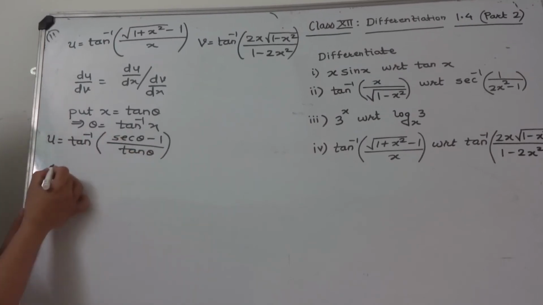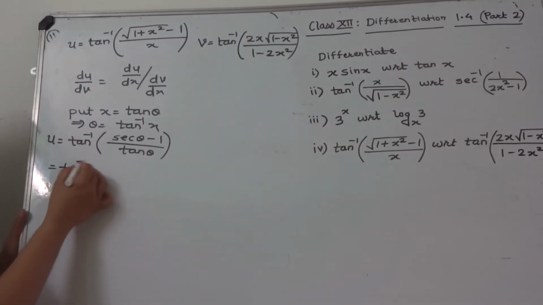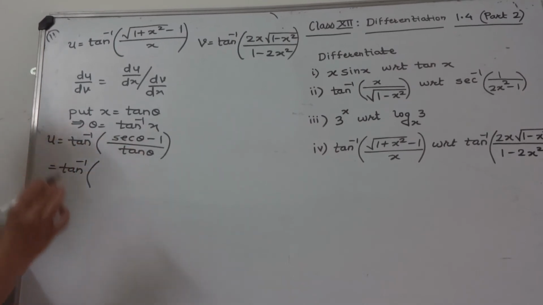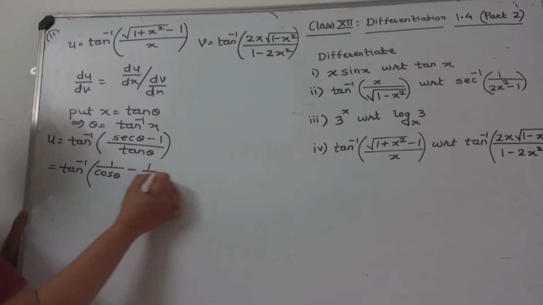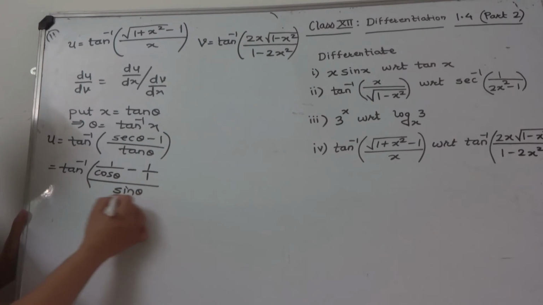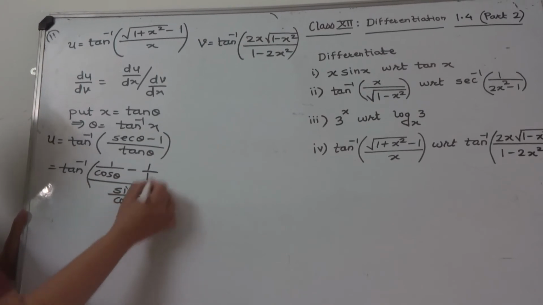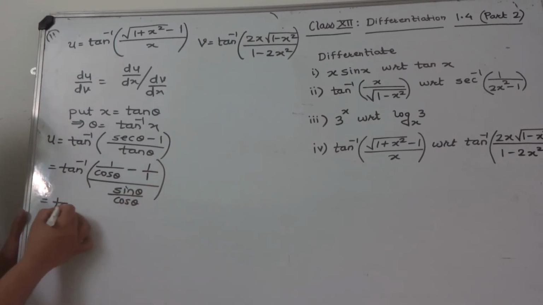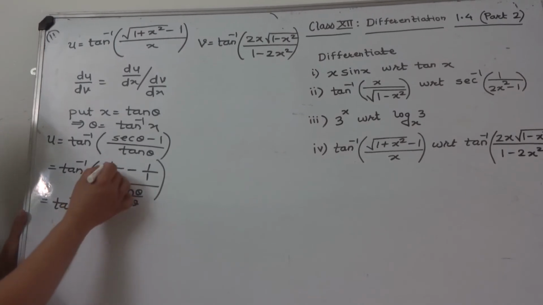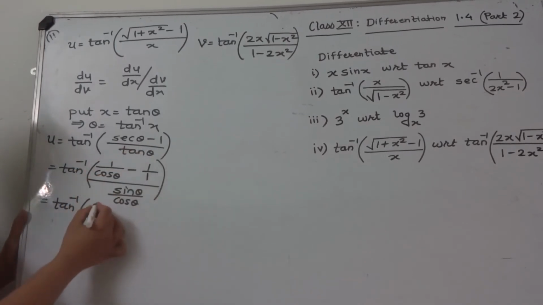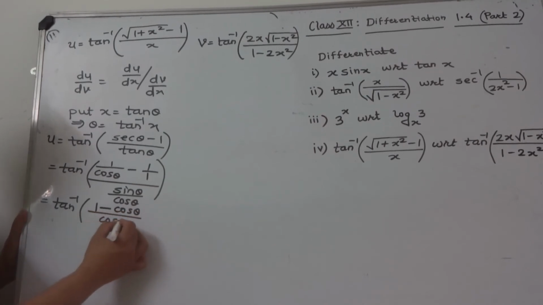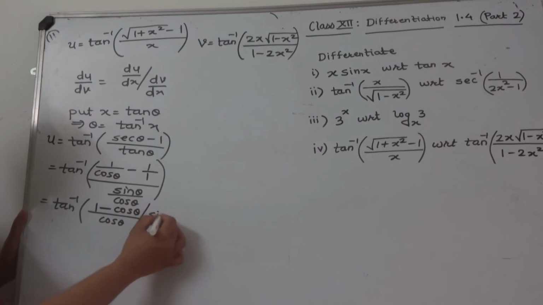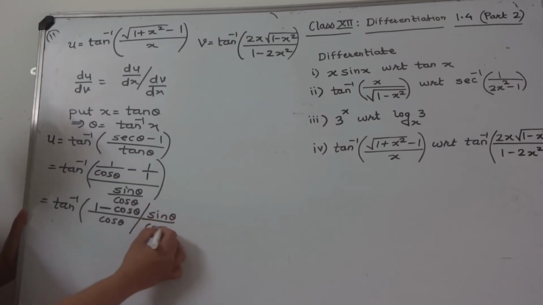Can we simplify this further? Tan inverse. We try to convert all in terms of sine and cos. So sec theta is 1 upon cos theta minus 1, we write as a fraction 1 upon 1 upon sine theta upon cos theta is equal to tan inverse. Cross multiply, in the numerator we get 1 minus cos theta upon cos theta, and in the denominator we get sine theta upon cos theta.